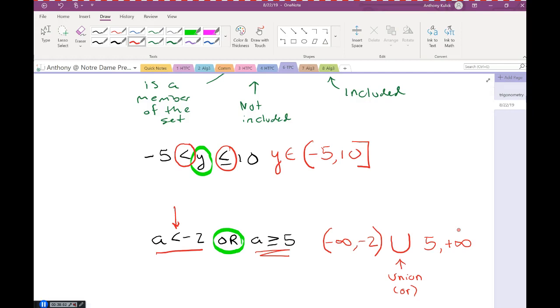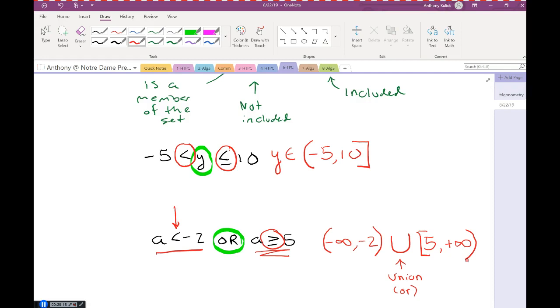You do need it for a negative infinity, though. The 5, should it be a bracket or a parenthesis? Bracket, very good, because it is a greater than or equal to. And then the infinity gets a parenthesis. The infinities always get parentheses.